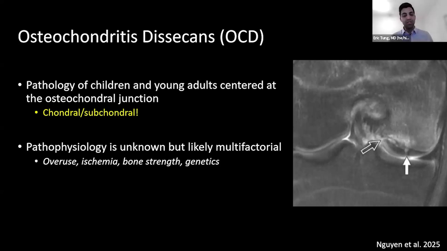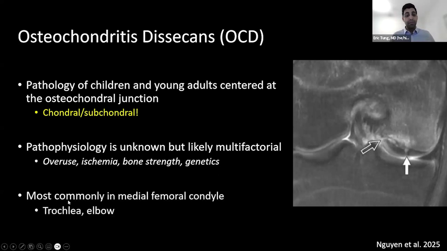There may be local ischemia. There may be something predisposing related to bone strength or genetics. It's really unknown at this point. But the most common location that we see these is in the medial femoral condyle, but some other classic locations that we see these are in the trochlea of the distal femur, as well as in the elbow and in places like the capitellum.